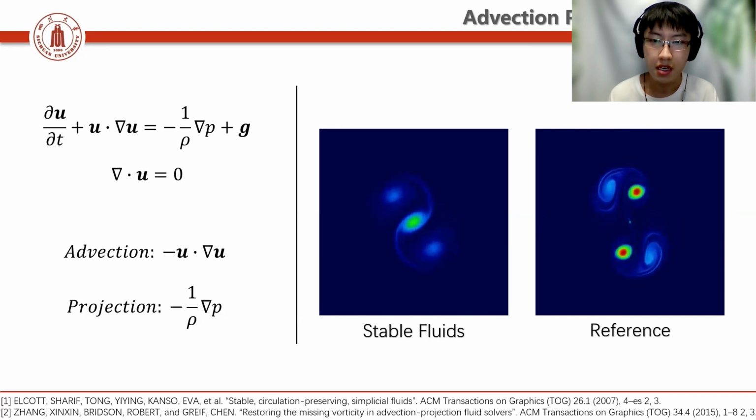As you can see, the traditional advection projection scheme cannot achieve this goal because of its high vorticity dissipation. Next, we will analyze the reasons.